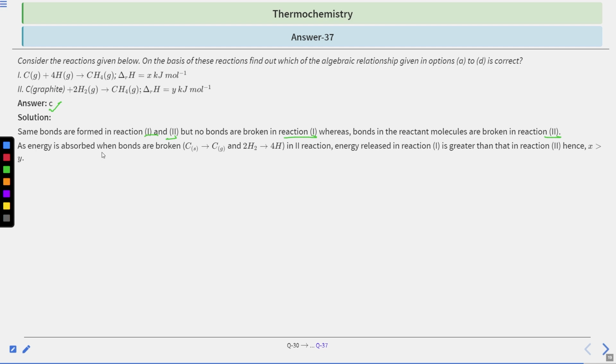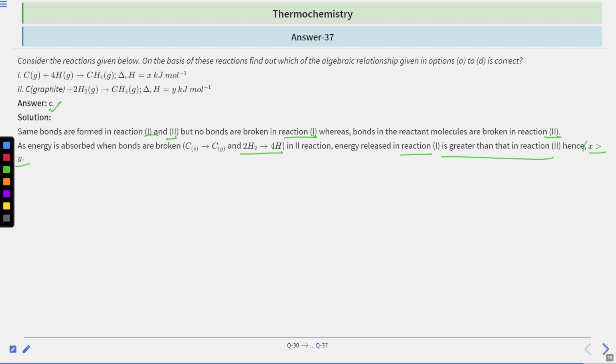As energy is absorbed when bonds are broken, like carbon in solid form going to carbon in gaseous form, and 2H2 becoming 4H, energy is needed for the conversion in these two processes in the second reaction. So energy released in the first reaction is greater than in the second reaction. Hence, X will be greater than Y.